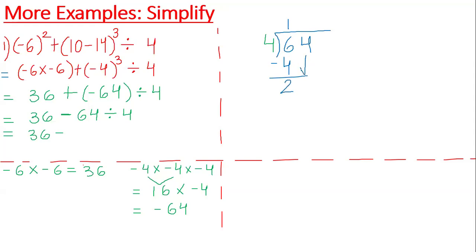Bring down the 4. How many times does 4 go into 24? 6 times. 4 times 6 is 24. 24 minus 24 is 0. So 4 goes into 64 sixteen times. Very good.